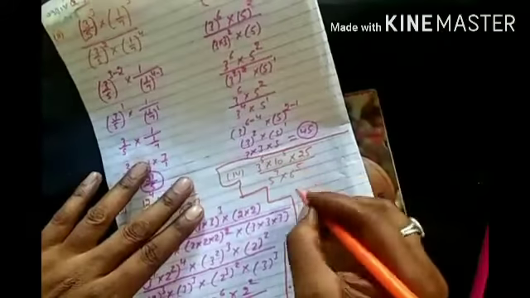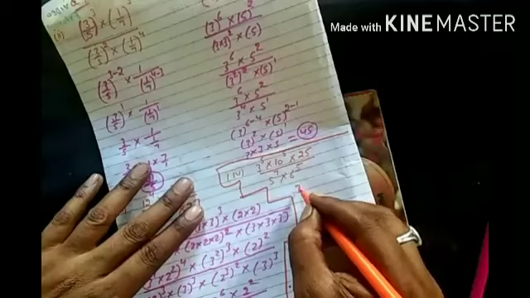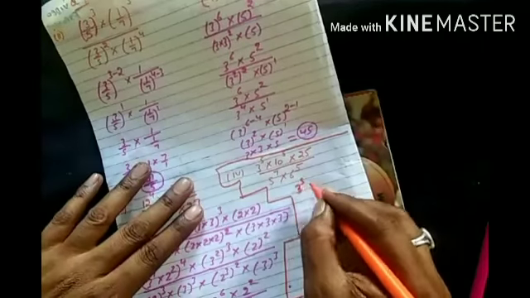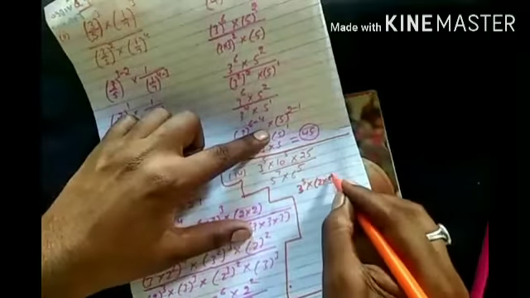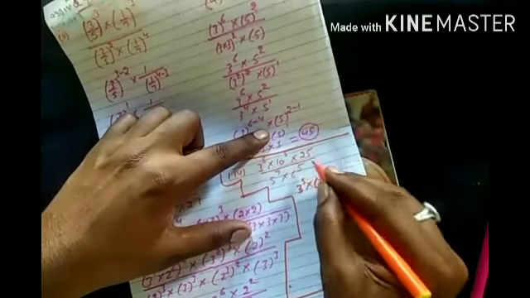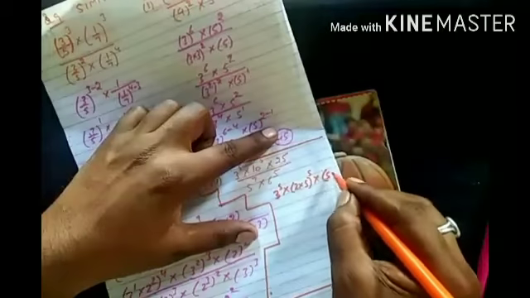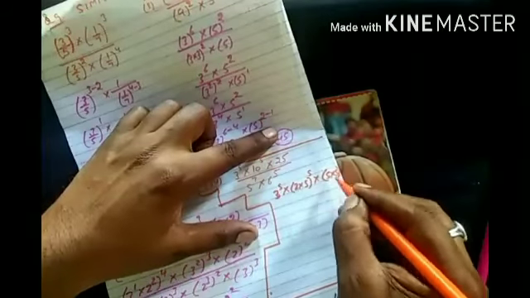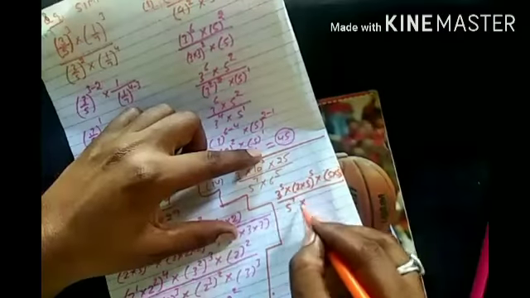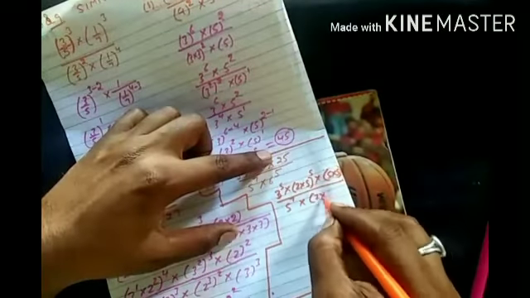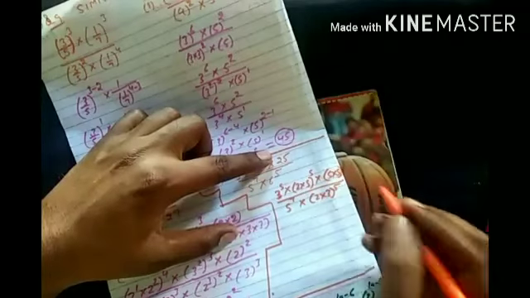Now 3 to the power 5 and 10 can be written as 2 multiply 5 to the power 5, and 25 can be written as 5 multiply 5. Now 5 to the power 7 and 6 can be written as 2 multiply 3 to the power 5.